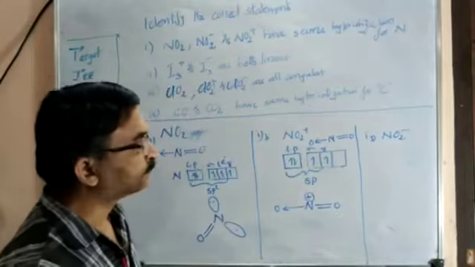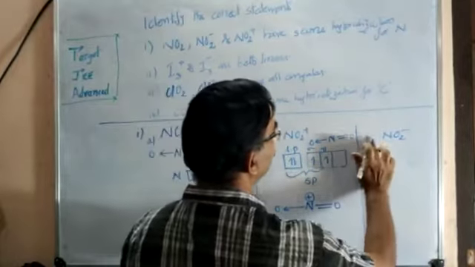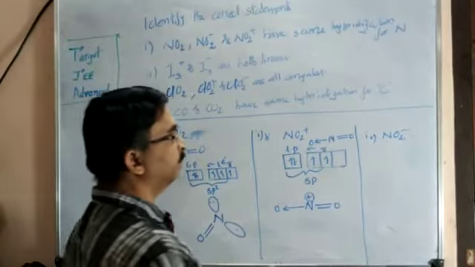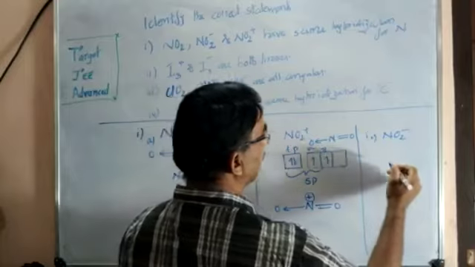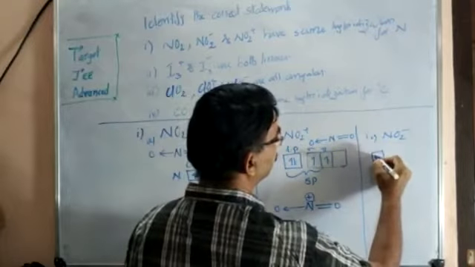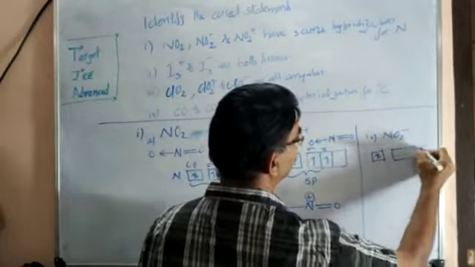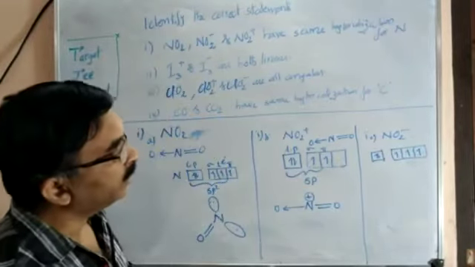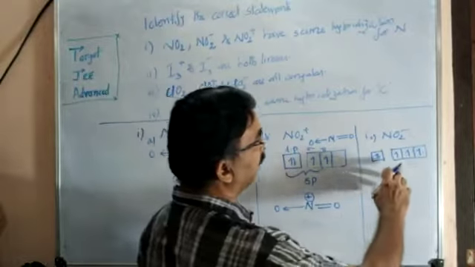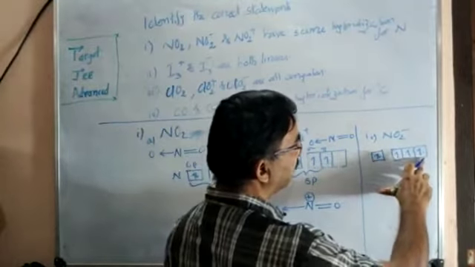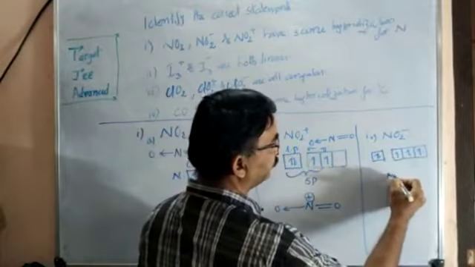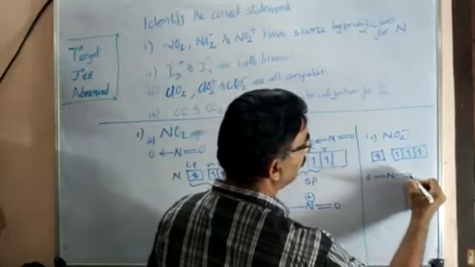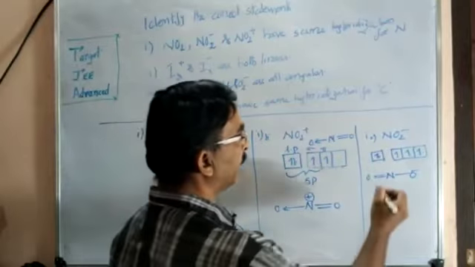NO2 minus. Here the negative charge should be on the attached oxygen atom. So we have the central nitrogen. And here two oxygen, one might be having this double bond, the other is bonding with one electron like this. Rough diagram will be like this. So the lone pair will be remaining.